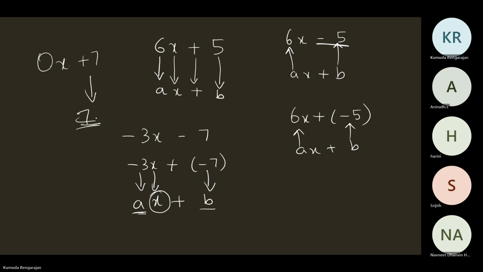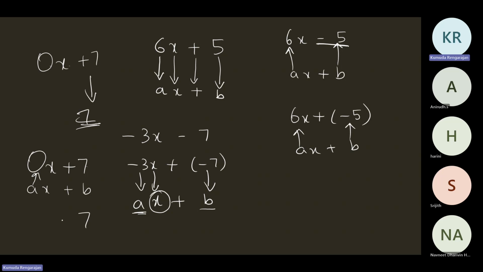If a is 0, for example 0x plus 7, and you compare this with ax plus b, a is 0. Now, if a is 0, 0x is 0. That means the x term is not there. So 0x plus 7 is only 7. So there is no variable x.